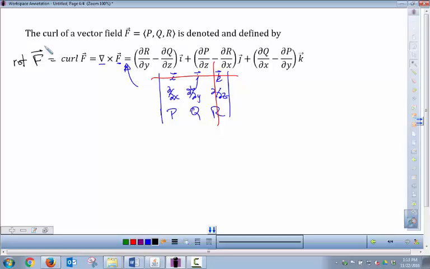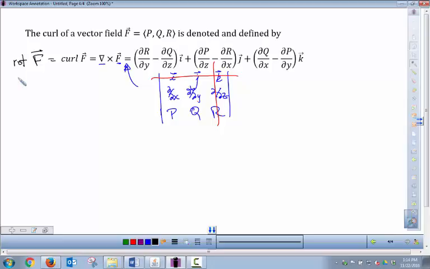And so sometimes this is called rot, short for rotation of the vector field. And then notice that your output is a vector.